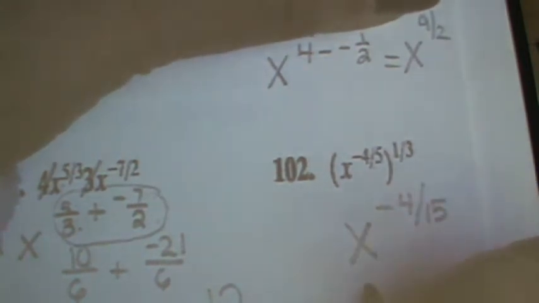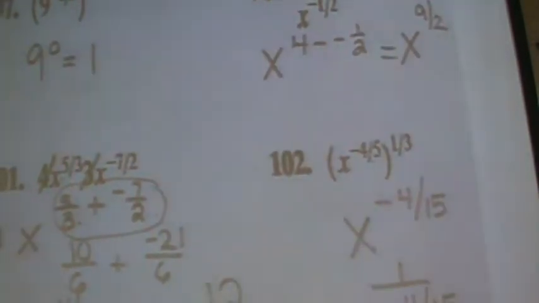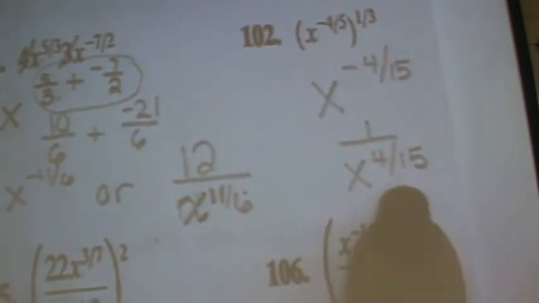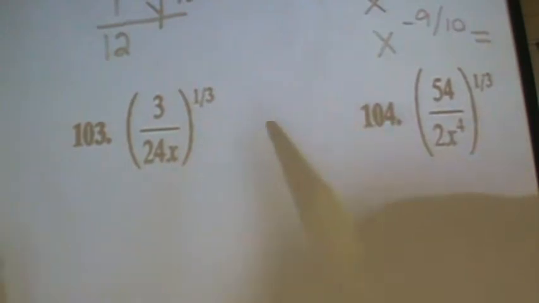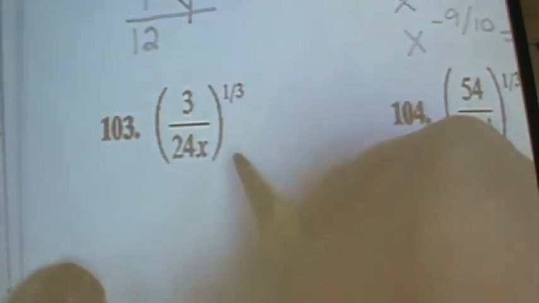102. Power to power, we have to multiply these two. So this is going to be negative 4/15 or 1 over 4/15. Now we have a fraction.